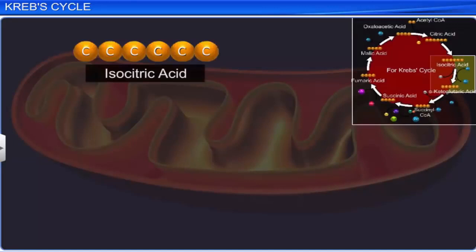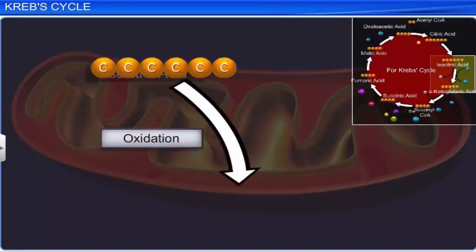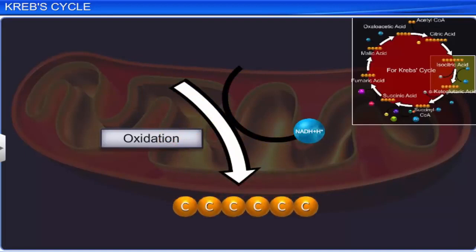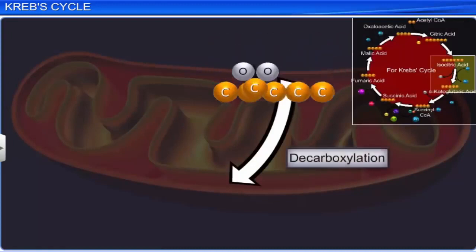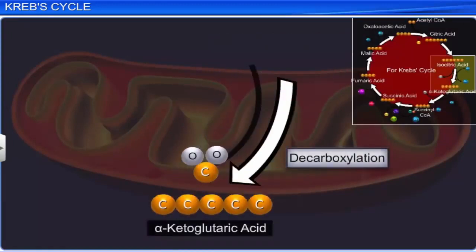The isocitric acid is then oxidized in the presence of NAD+ to form oxalosuccinic acid, which is later decarboxylated to form alpha-ketoglutaric acid.